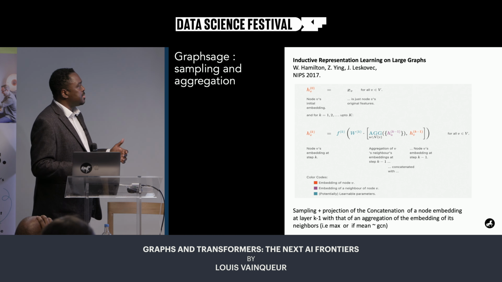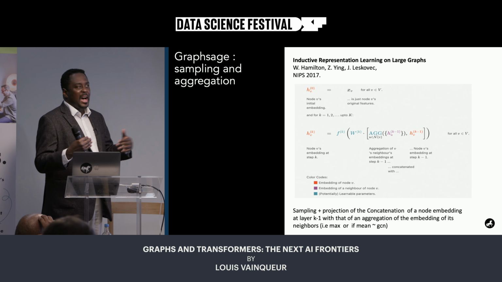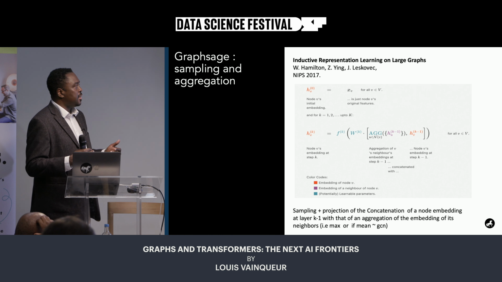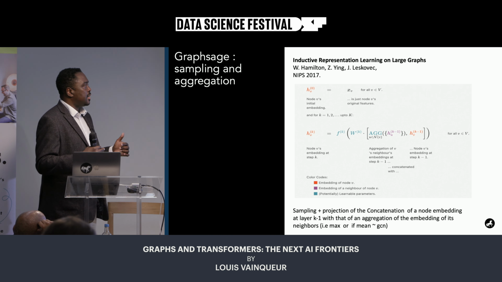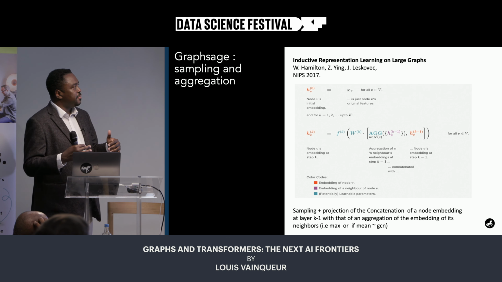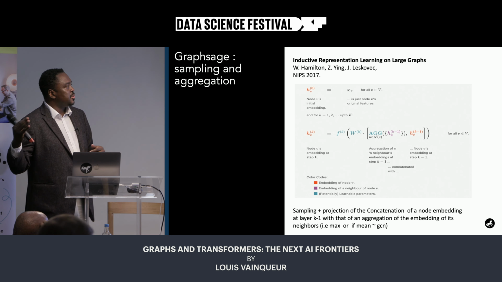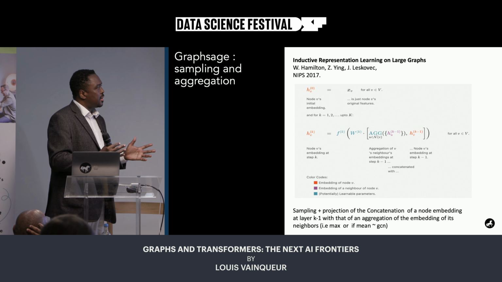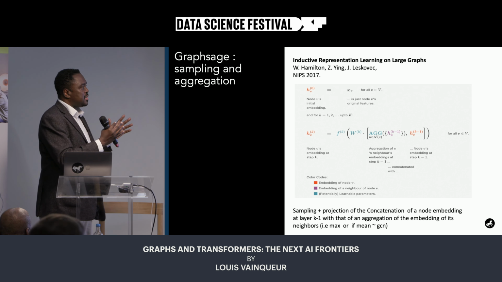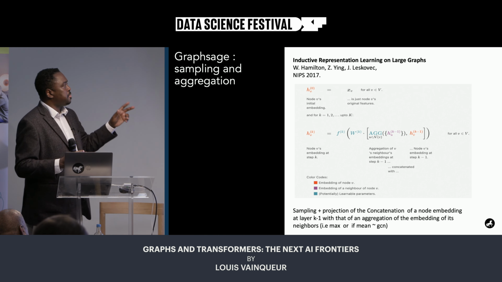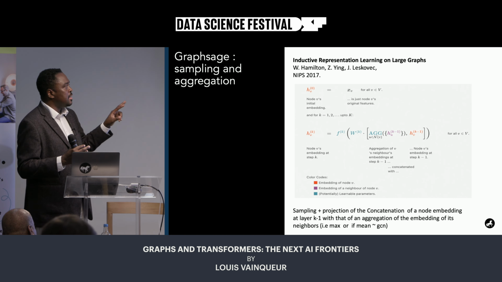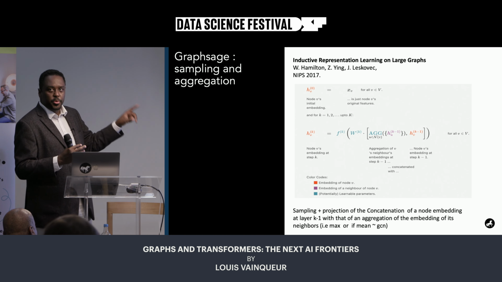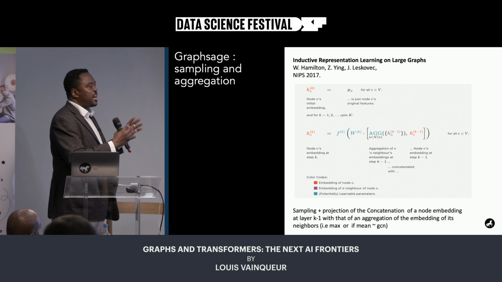So you do some sampling, and instead of really adding the value of the node at the previous iteration and an average of the other nodes, here it's basically concatenating the value at the previous iteration with an aggregate value.